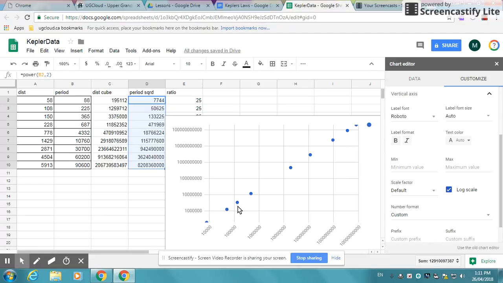Now we've got a line of best fit. And if you notice the numbers here, these numbers aren't going up like 1, 2, 3, 4. Each time we go down, the number got 10 times bigger. You see what's happening? And so the log scale is another way of graphing things to take tremendously large numbers and tremendously small and fit them on the same graph.